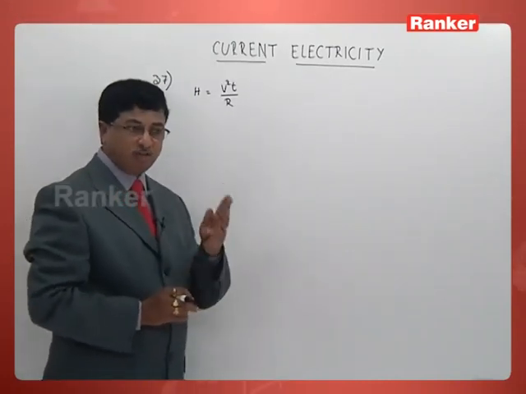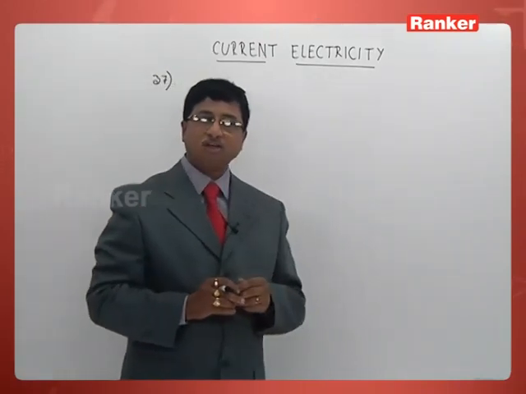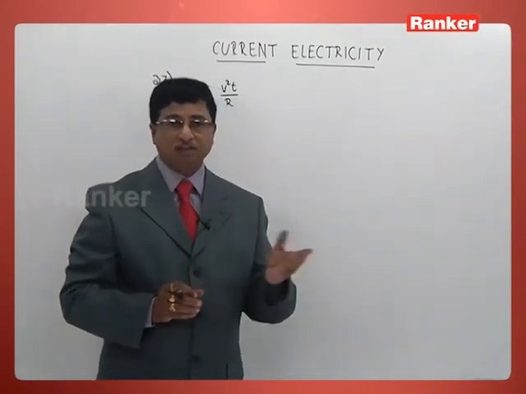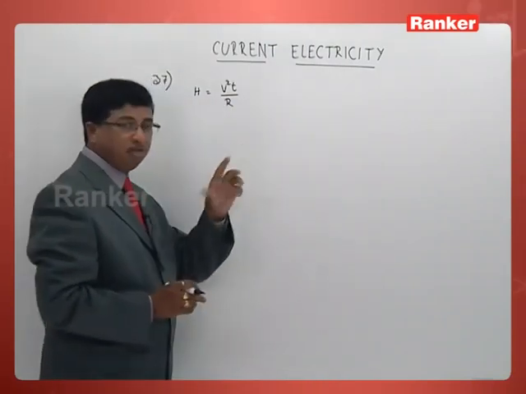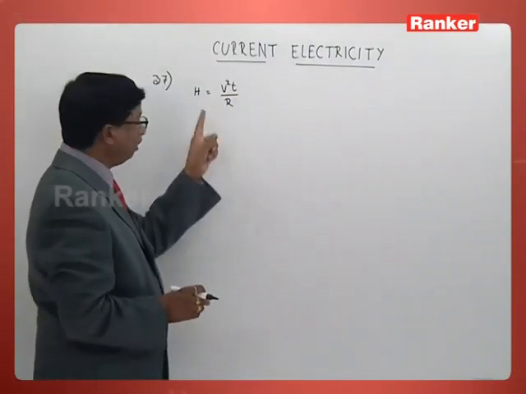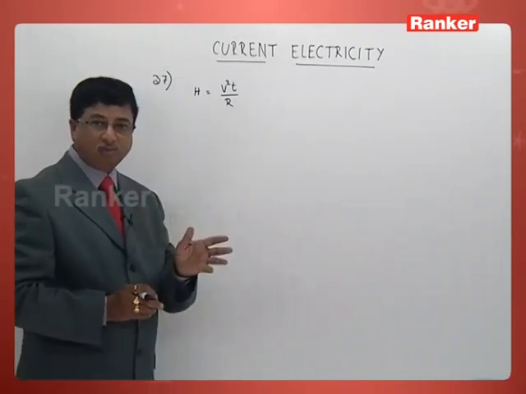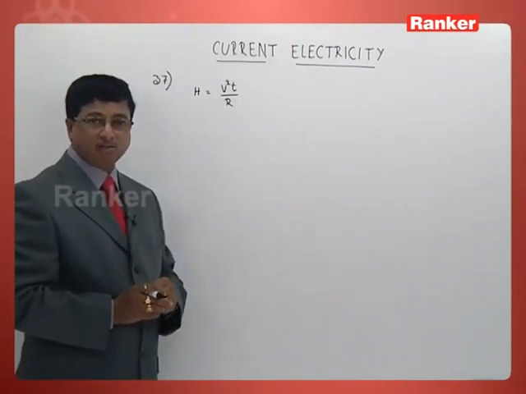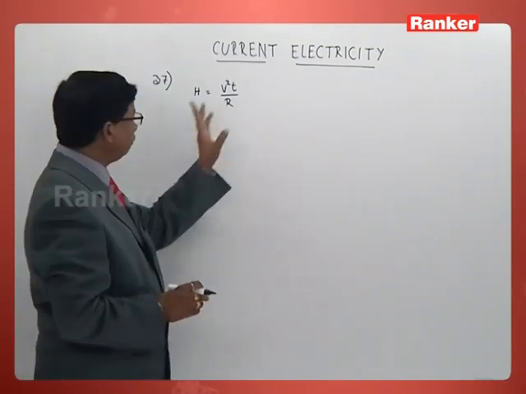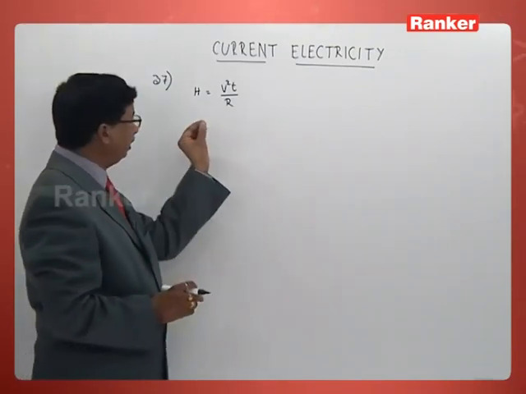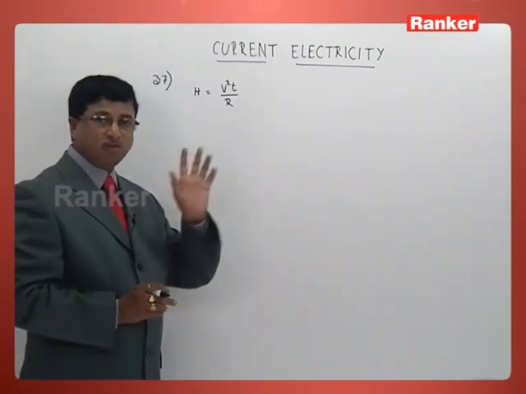We have discussed 3 different formulae for electric power earlier: VI, I square R, V square by R. Power into time gives you work done. Work and heat energy are equal in SI units, they have the same units as well. So H is equal to V square T by R. That is what we have to consider.